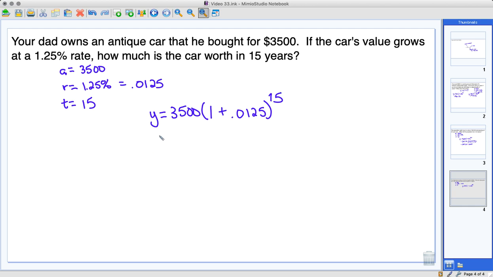All right, so we get 4,216.90. Again, I'm rounding this one because we're talking about money. We're not talking about population this time. So that's using an exponential growth model. We'll do some more practice with that and identifying different pieces of that equation.